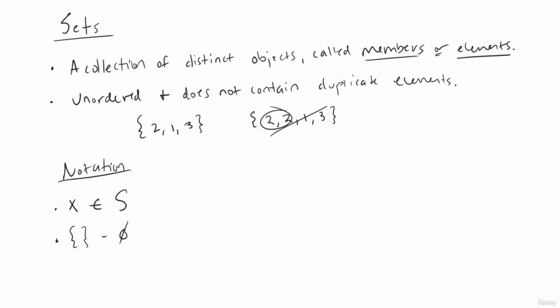You'll commonly see when people are talking about sets, they'll draw a circle and put some objects in there, and that's how they're visually represented.